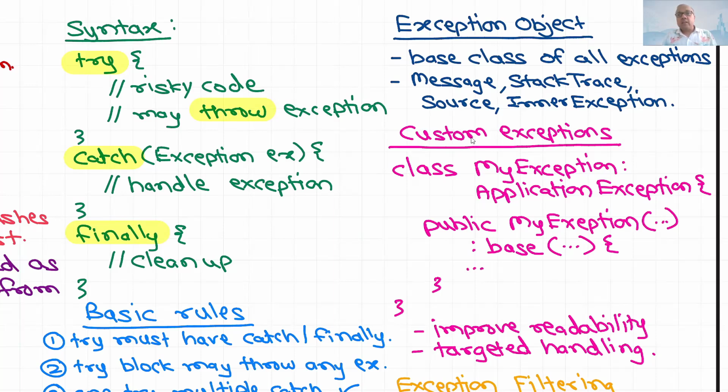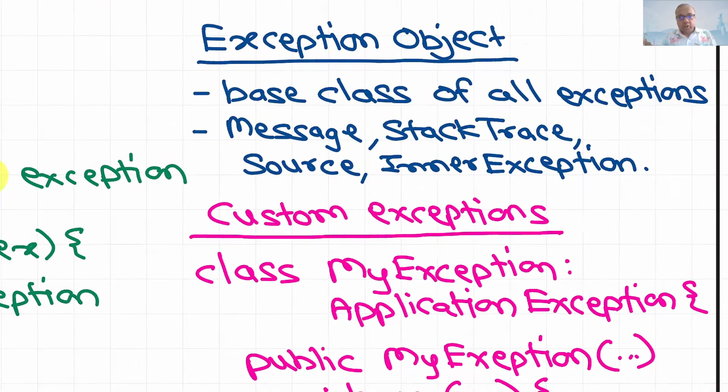Apart from that, there is also one Source property. That Source property actually tells me where exactly that exception occurred, in which project or in which assembly. And then there is also a concept called InnerException. If my exception object is a result of another exception, if it encapsulates or wraps another exception, then this InnerException property can also be useful.